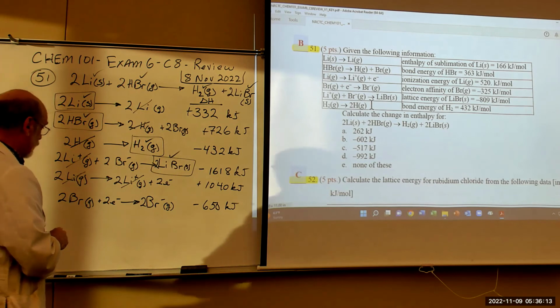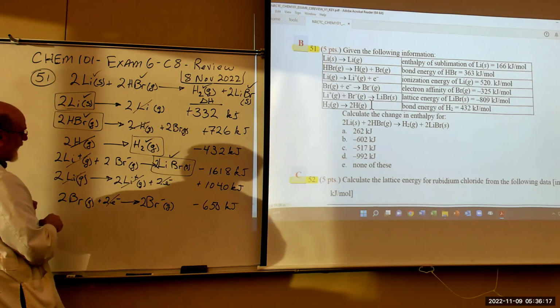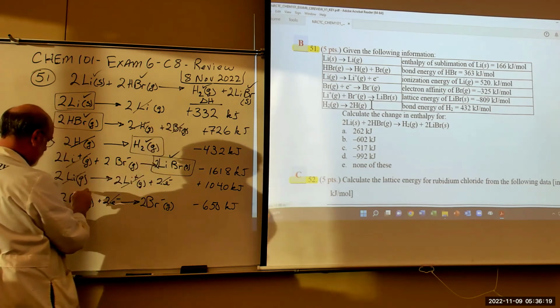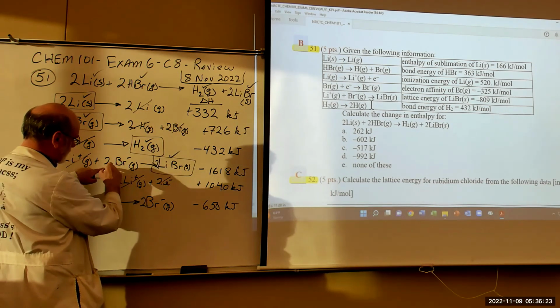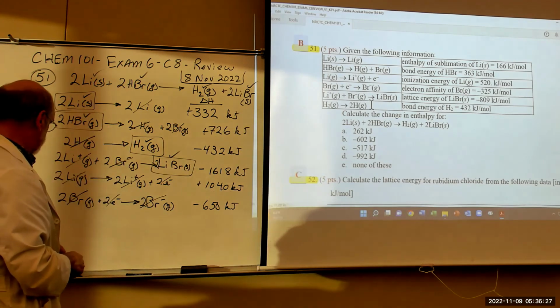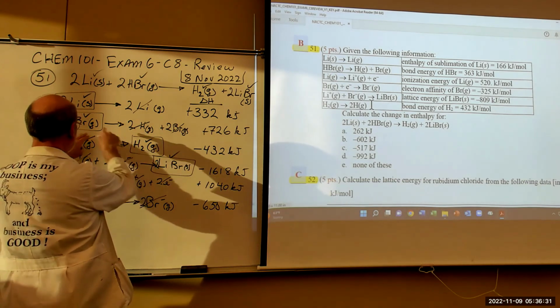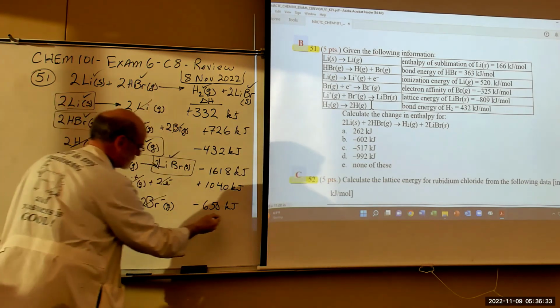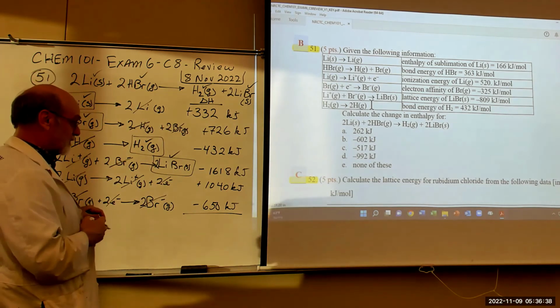Okay. Now what that does for us, gets rid of the electrons and it gets rid of the bromine gas, and it gets rid of the bromide ion, left side, right side. Now let's see. Done, done, done, done, done, done, done. Add them up.